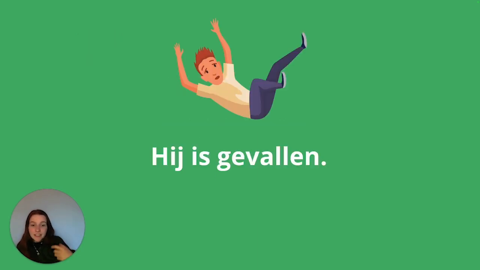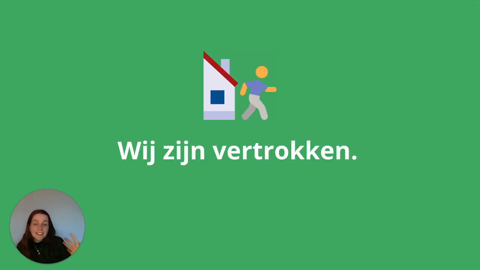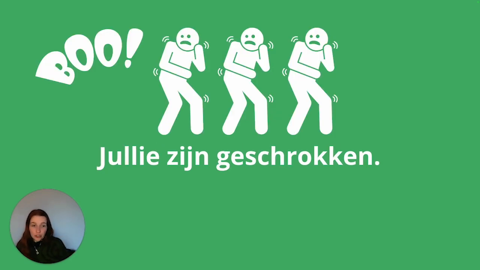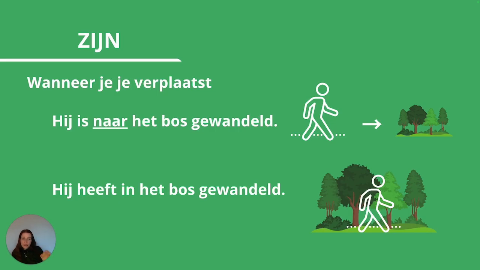Hij is gevallen. Wij zijn vertrokken. Jullie zijn geschrokken. Yes, here you go from being normal to being afraid. So you change from how you were before to how you are now, so we use zijn.